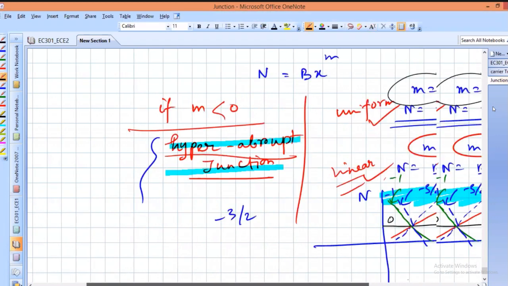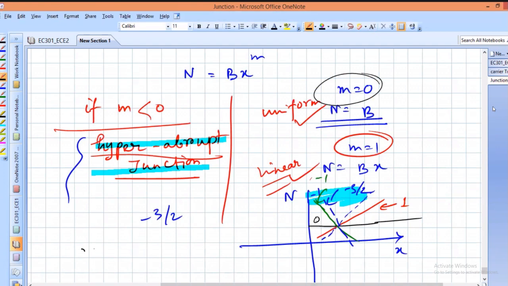Here I am considering the boundary condition by putting x value 0. Whenever x is 0, psi will be 0.